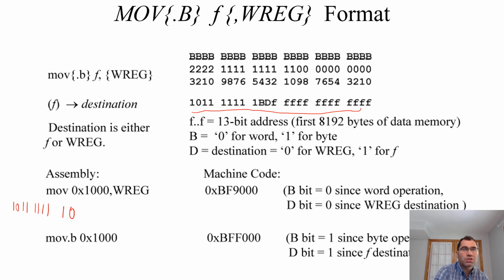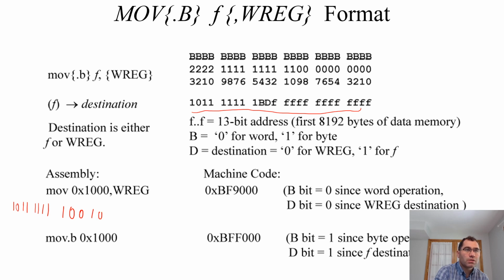WREG is the destination, so it's going to be 0. I mean, this is the source and this is the destination. And then we have the 13-digit binary equivalent of the address location for F. We know that already from the previous example.